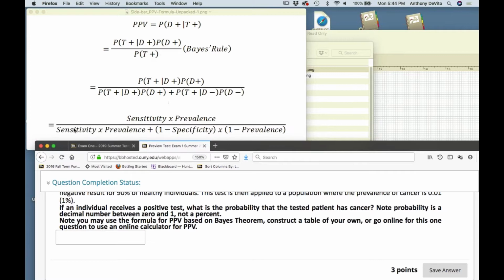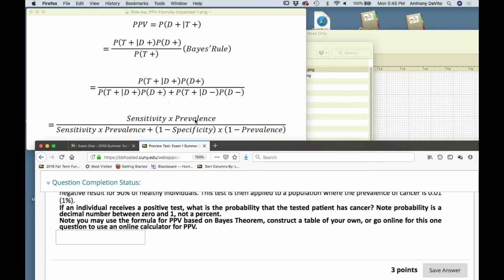On the bottom, we have our true positives again, plus, if you look at this carefully, our false positives: the people who don't have the disease that are incorrectly identified as having the disease. So what we have here really is the true positives over the total number of positives, which is exactly what the positive predictive value is. But that given, let's take a look at what we would have to do to solve this.